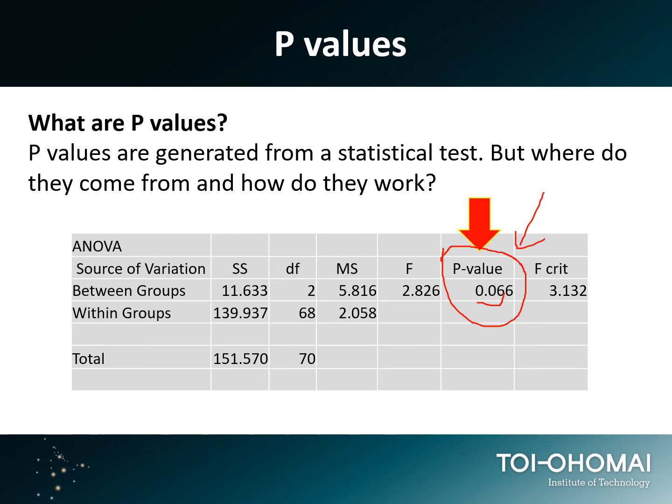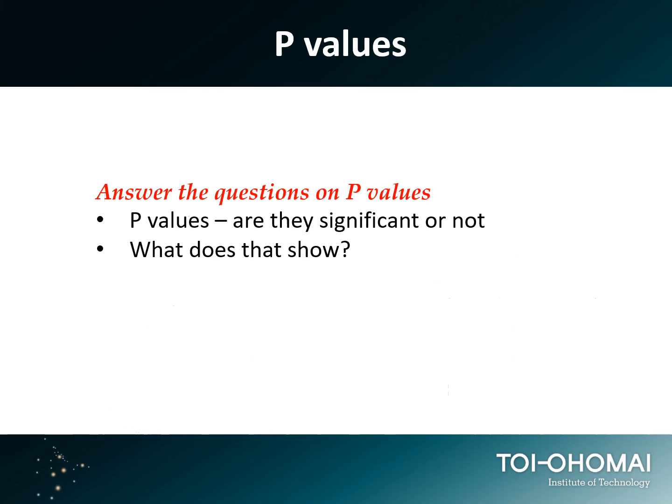And so this 0.066, which would round up to 0.07, would be too high to reject the null hypothesis, but they come from a stats test. So at this point, you can go to your workbook, answer the questions on p-values, and write down what it shows.